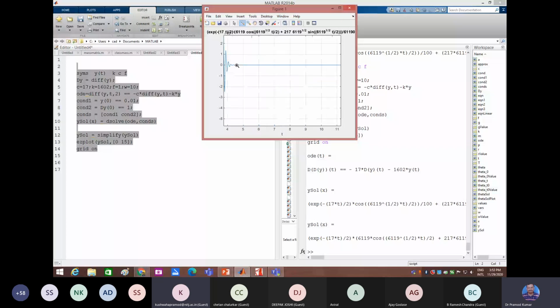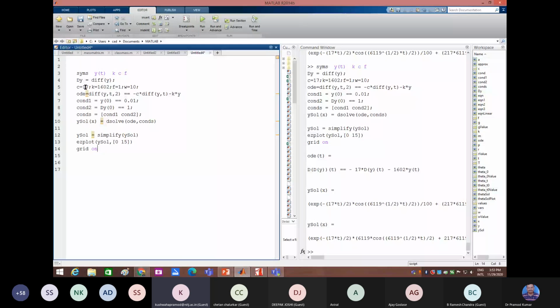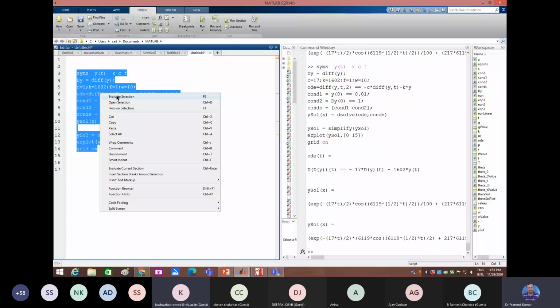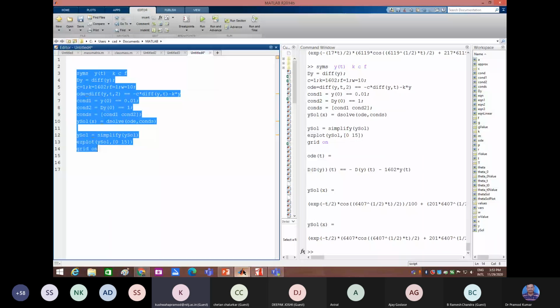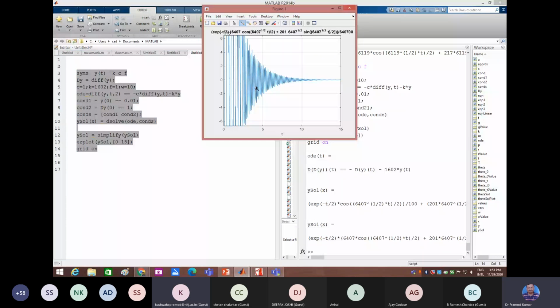It depends on your damping coefficient. If you reduce it, then some change will take place in your graph. If you have very little damping, then the fluctuation takes place and keeps on dying out.